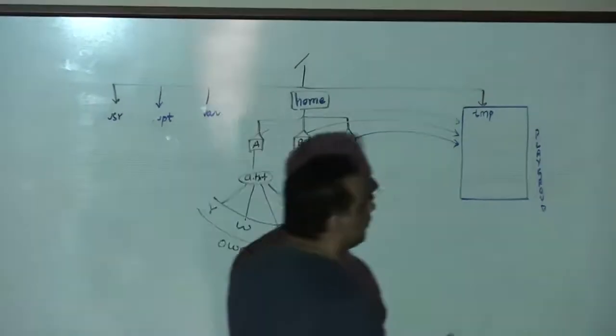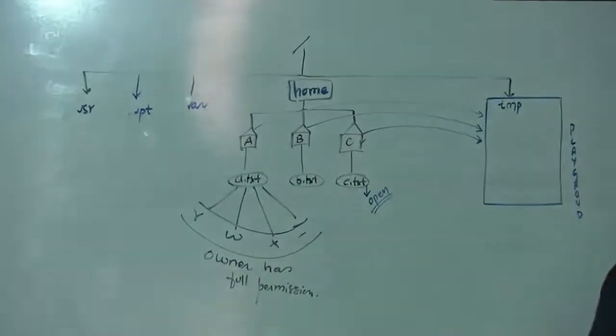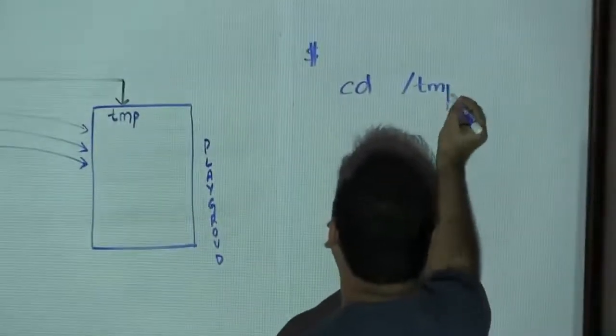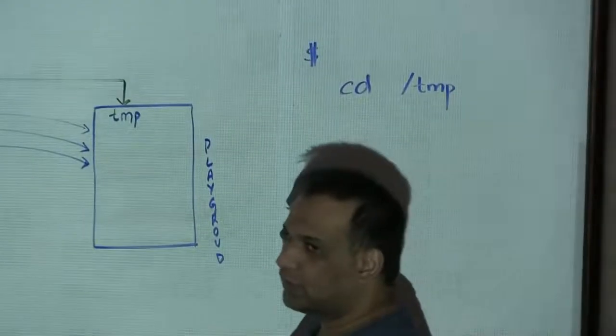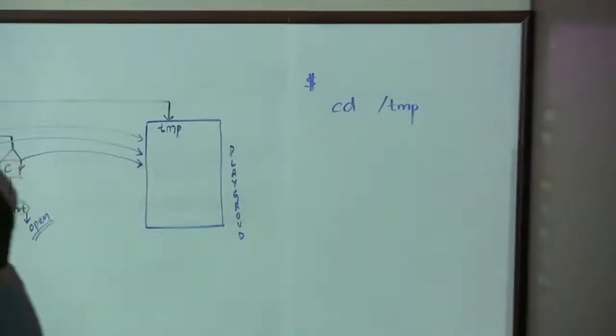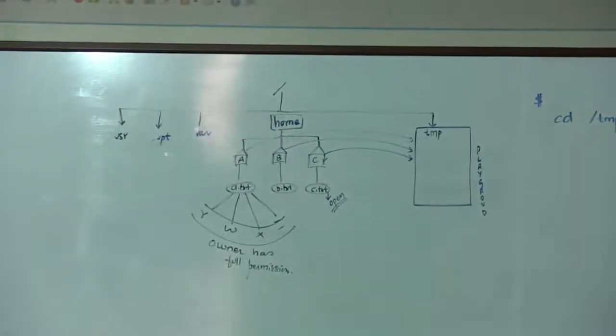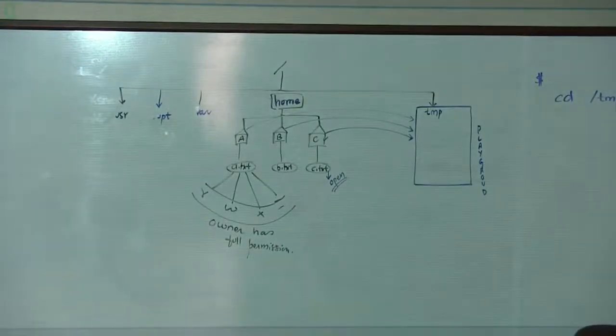How do I get to the temporary location? Fairly simple. At the dollar prompt, the user says, change my directory to temp. Can you all change your directory to temp, and then type in ls and see how many contents are there? There are many different contents there, right?